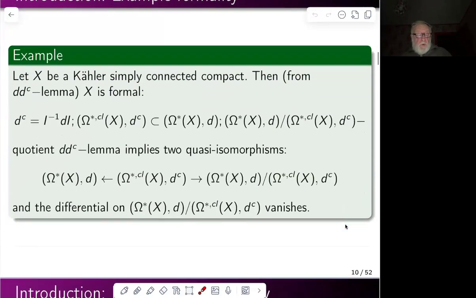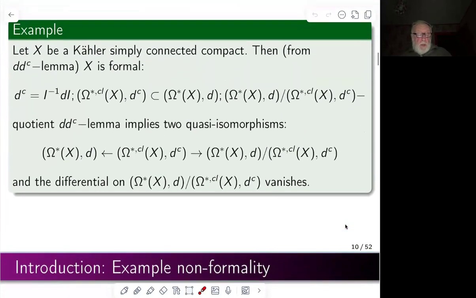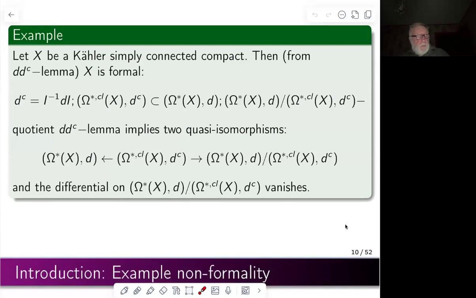So examples of formality are very, very rich. For example, all Kähler manifolds. Let's suppose that we have a Kähler manifold X, compact and simply connected. Then we have this formality, which follows from the so-called ddc lemma.